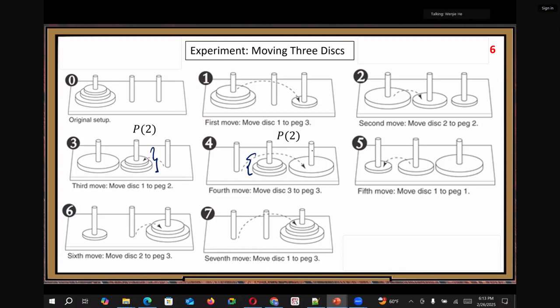After that, any conclusion? After this experiment, remember our goal: we want to solve P of n. Our goal is to find a solution of P of n. But from this experiment, we want to get some experience, and we want to generalize this whole process to give us the solution for P of n.